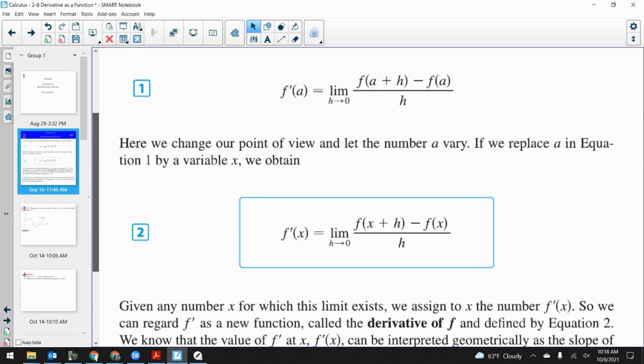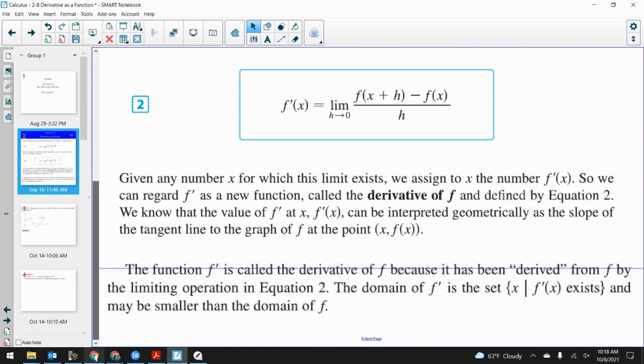If you want to find the slope at any given point, you plug in that value for x, which we called a before. So it's really just a change of notation, just leaving the x in there at any given time. Given any number x for which the limit exists, we assign to x the number f prime of x. So f prime is a new function. It's a new function whose output is going to give us the slope at any given value of x.